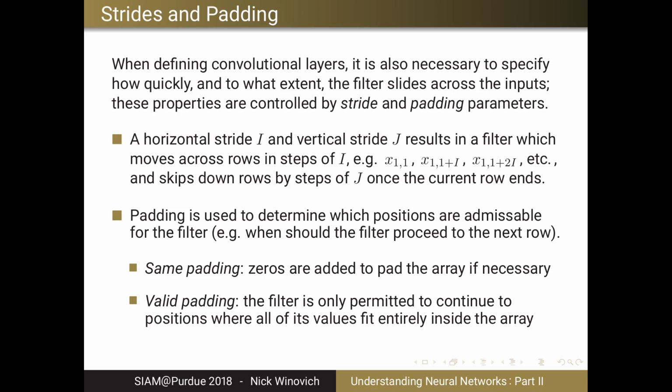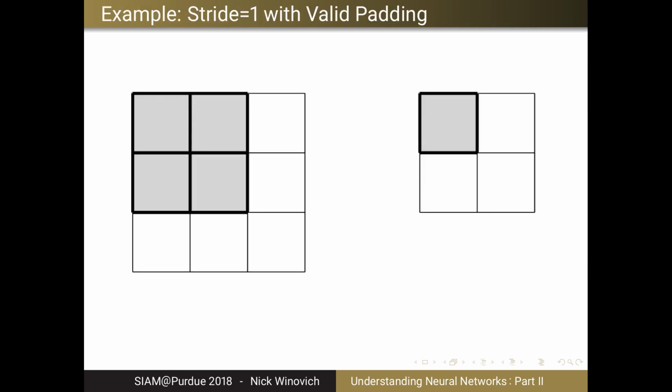The alternative is valid padding, which only allows the filter to take positions in which all of its filter weights are above values from the original input. So no zeros will be added. For example, if we just have a 2x2 filter on a 3x3 input, and we take a stride of 1, we're just going to move over side to side till we reach the end as determined by the padding scheme, and then move down until we reach the end again as determined by the padding scheme.